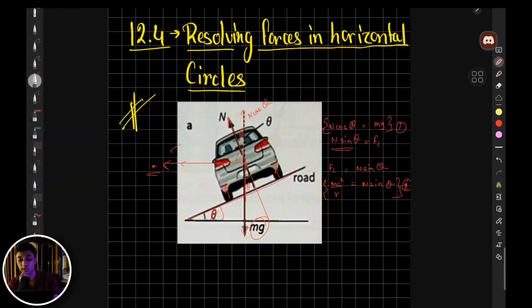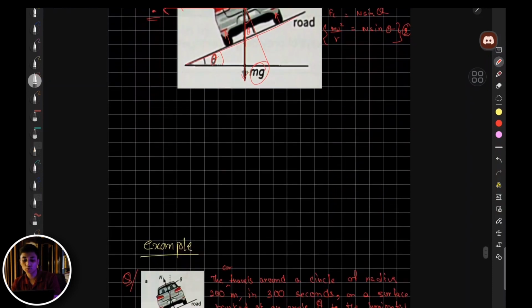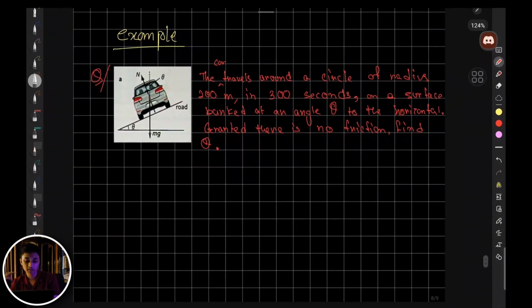Alright, let's look at an example to clear out the concept. We have the same diagram. The car travels around a circle of radius 200 meters, so the distance from the center to the object is 200 meters, in 300 seconds on a surface banked at an angle theta to the horizontal.